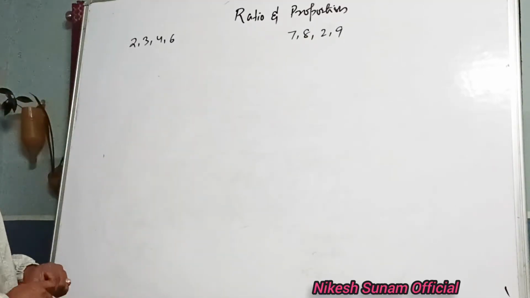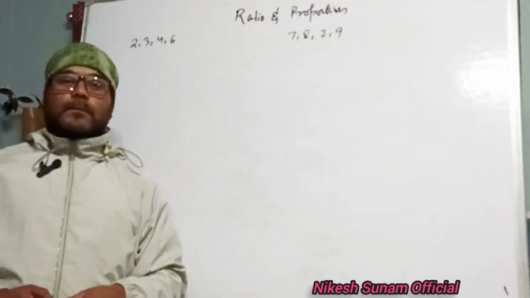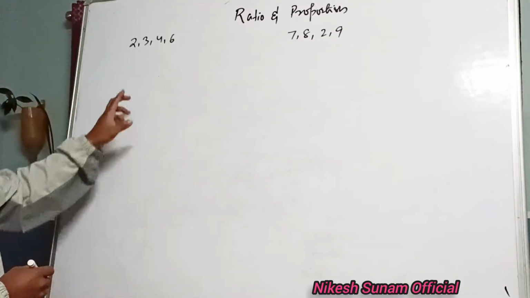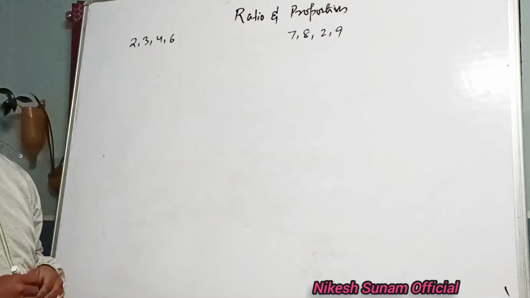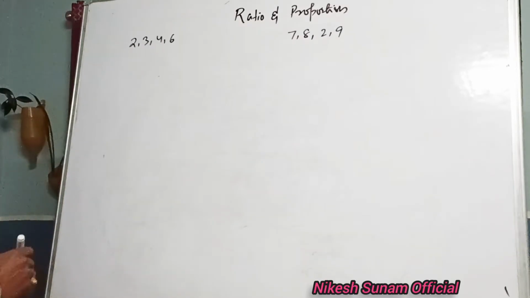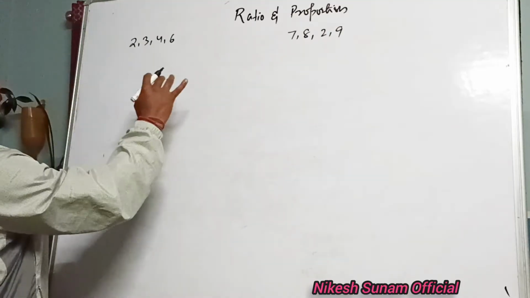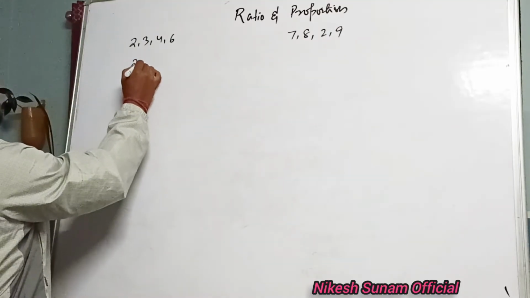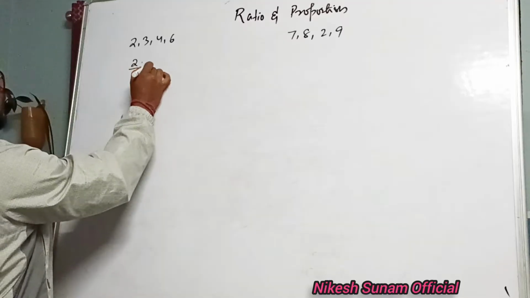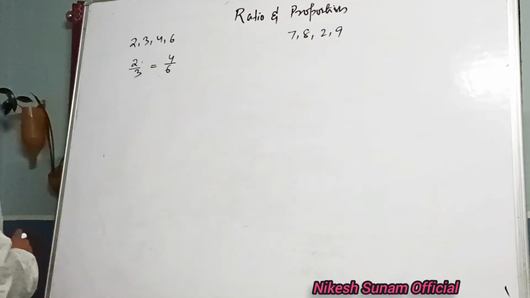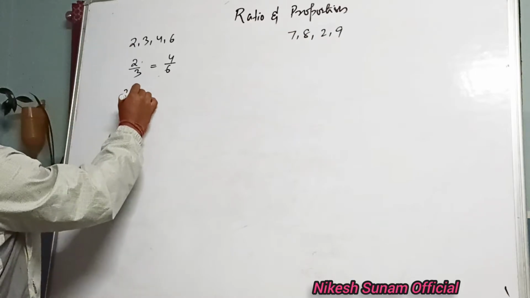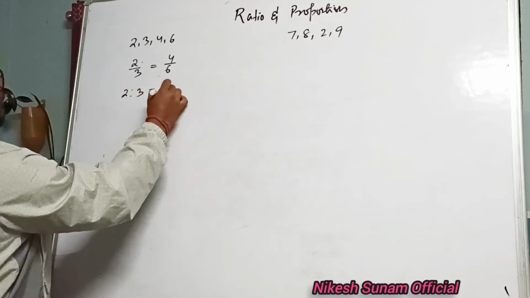Hope you have understood about the ratio. Now I'm talking about four numbers: 2, 3, 4 and 6. If you write these numbers in a sequence, that is 2 by 3 equals 4 by 6, or 2 is to 3 equals 4 is to 6.